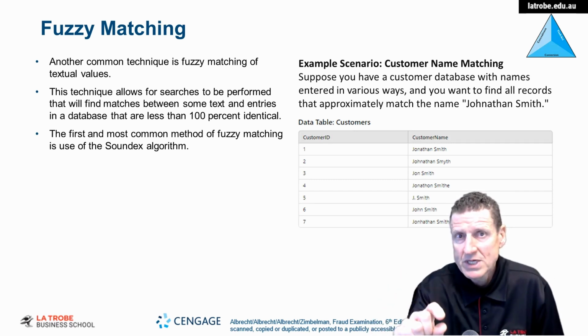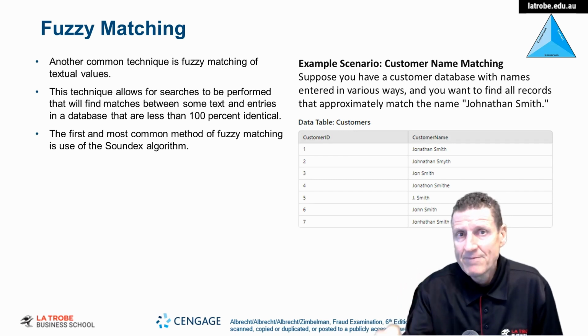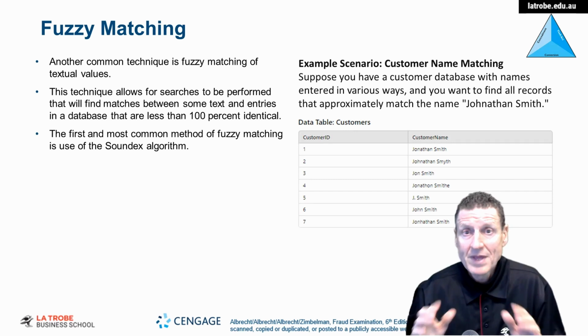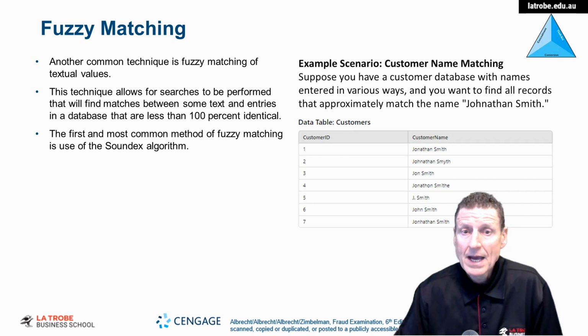Some of them have your middle initial in, some have middle initial out, some have a different vowel, and so forth. So you know what I mean? That's what we mean by fuzzy matching.